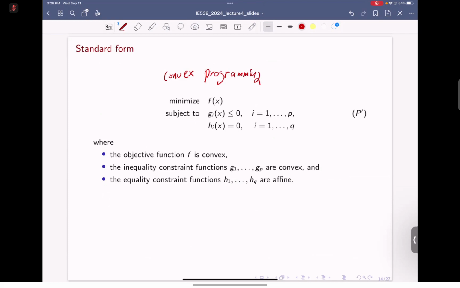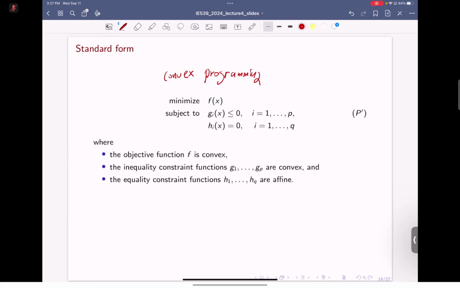But when you have certain specific explicit functions, like quadratic functions or linear functions or negative entropy, and you can express your constraint set using those functions and write down inequalities and equalities like this, then you call the problem a convex programming problem.